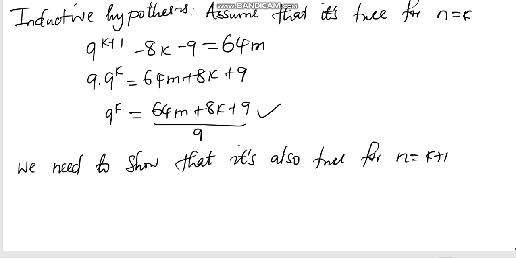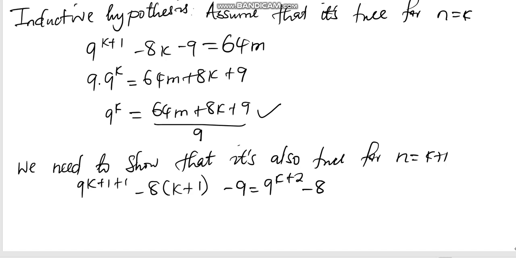So we have 9 to the power k plus 1 plus 1 minus 8 open brackets k plus 1 close brackets minus 9. Now we start simplifying the expression. That's basically 9 to the power k plus 2 minus 8k minus 8 minus 9.